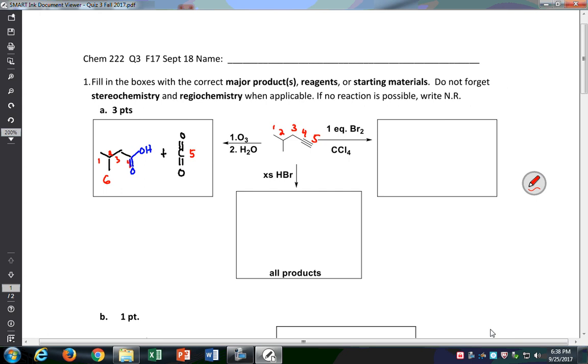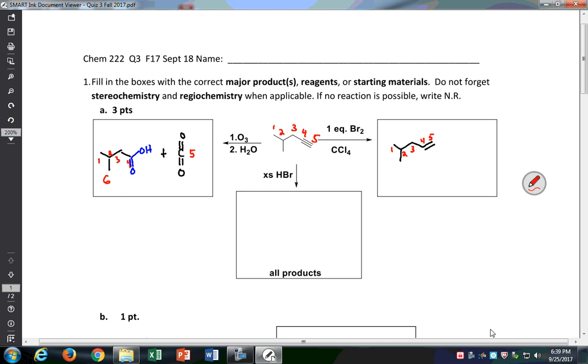It won't matter if we get our excess, because then we'd get 2 bromines on each carbon. But it matters when we go through this only 1 equivalent. Again, I don't want to lose any carbons.